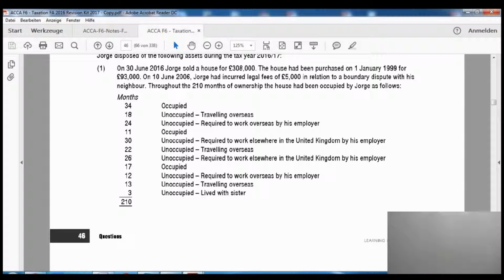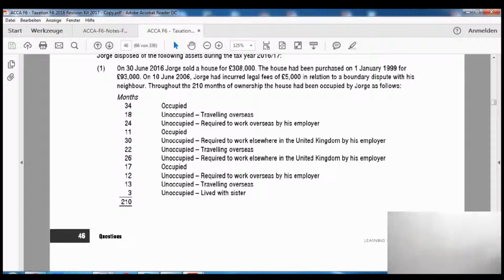And after that, it says unoccupied, required to work overseas by his employer. Now we know that when he's overseas, all months are allowed and considered as deemed occupation. However, only if it is both preceded and followed by actual occupation. Now let's see.